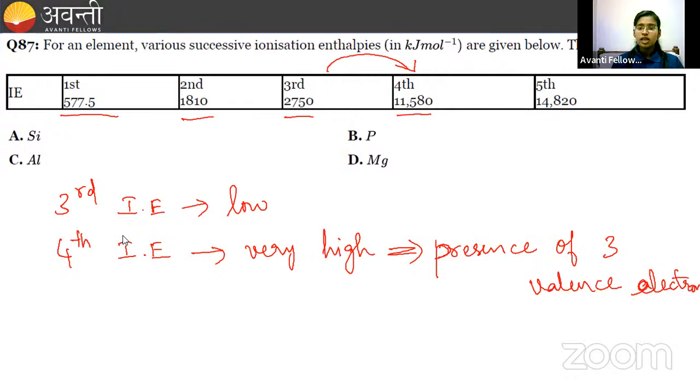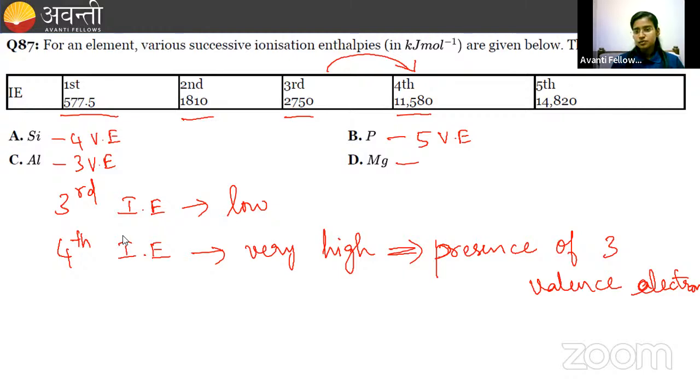Now we have to find the element which has 3 valence electrons. If I go for option A, silicon, it has 4 valence electrons. Phosphorus has 5 valence electrons, aluminium has 3 valence electrons, and magnesium has 2 valence electrons.